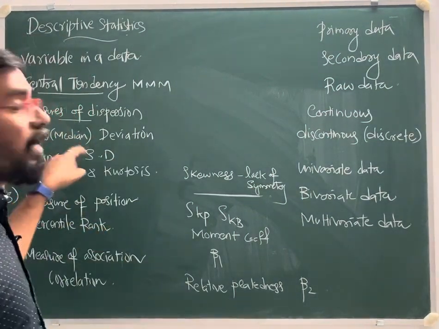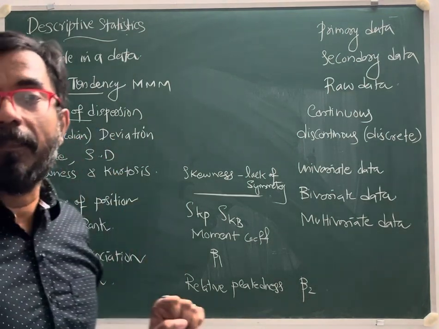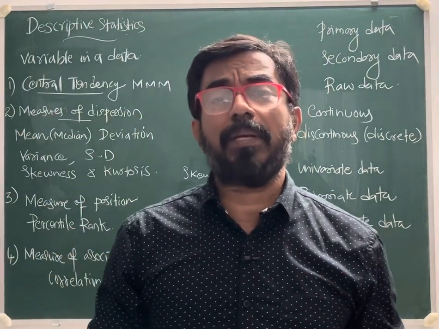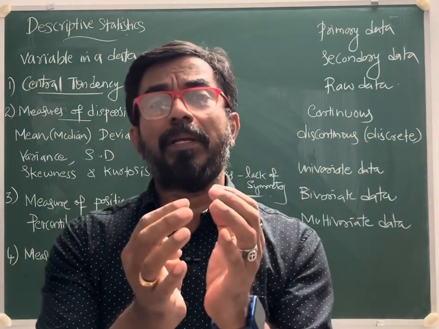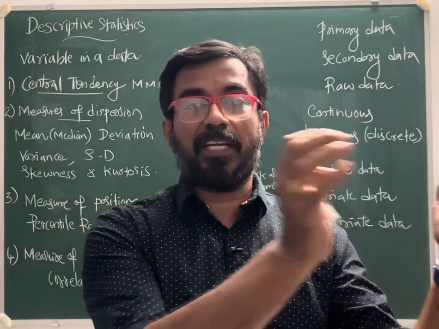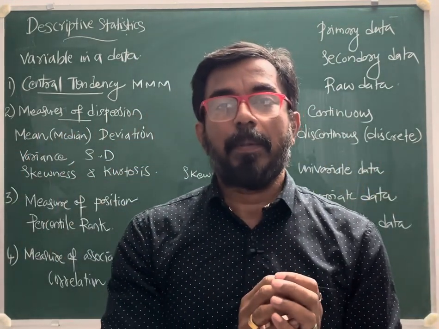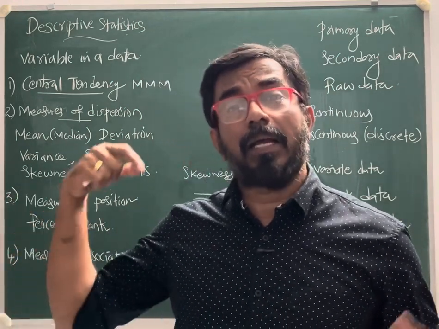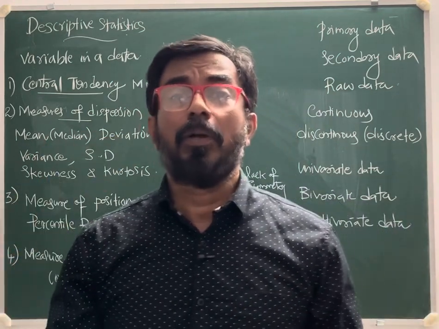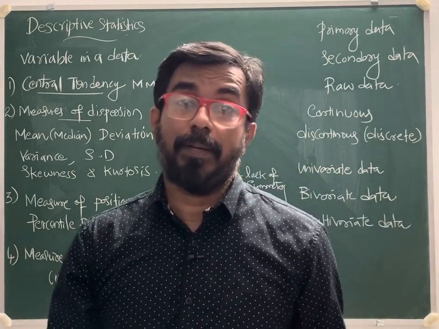So for that we have a method, that is mean deviation. This mean deviation can be calculated with the help of mean or median. First you will find the mean and we will subtract and check from each of the observations how far away the mean is. Then its average is taken. I'll explain the formulas in the next video, but we will write sigma |xi minus x bar| divided by n.